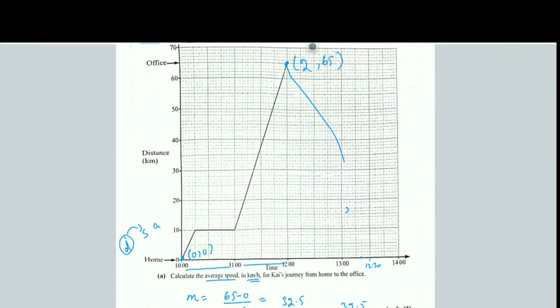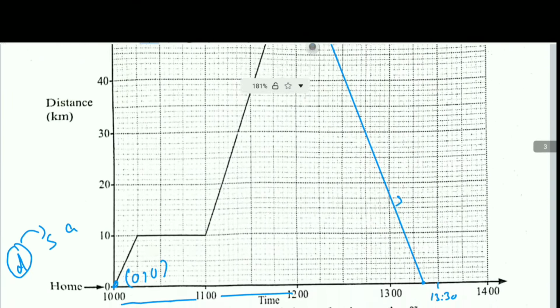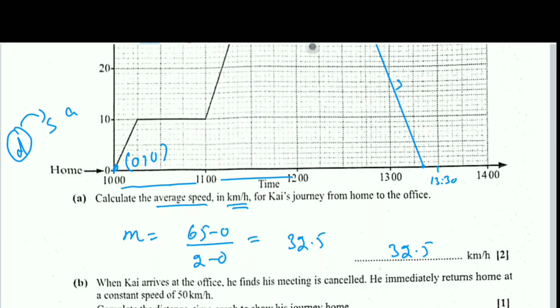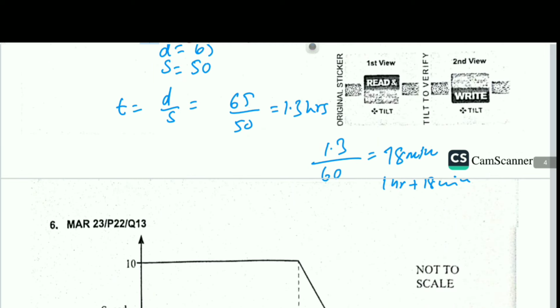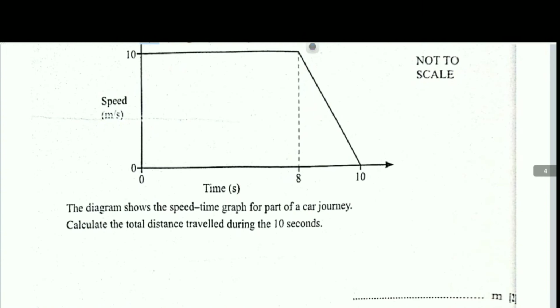So this is the way you will complete the graph. Okay, so for question number 6, the diagram shows speed time graph for a part of the car journey. Calculate the total distance. From DSA, distance means area.